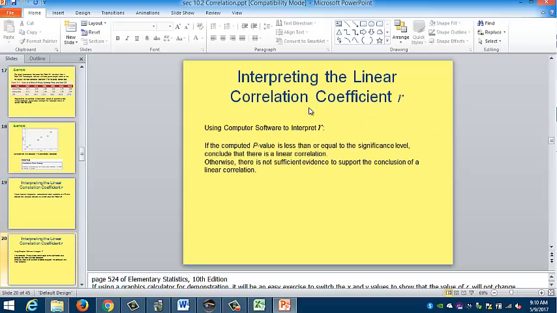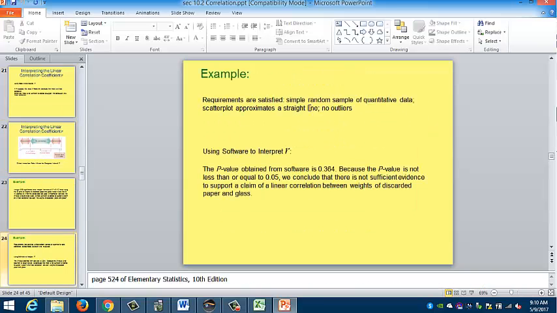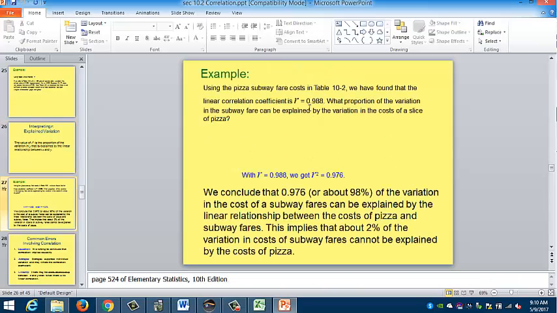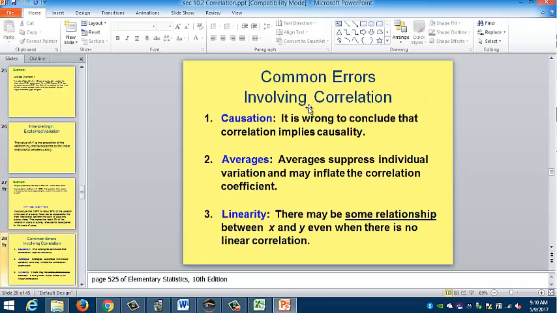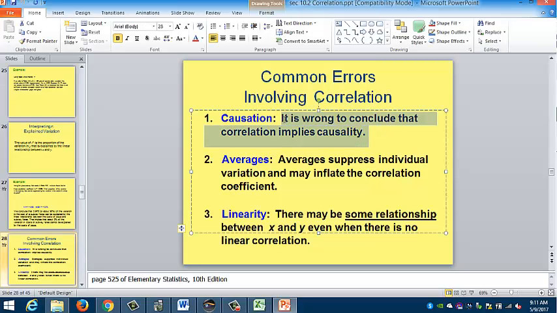I know some of this is small and hard to read, but I believe they make a big point here. Common errors involving correlation: it is wrong to conclude that correlation implies causality, right? There's a correlation between lemons and car fatality. Okay, fine. But that certainly does not mean that lemons cause car fatality.